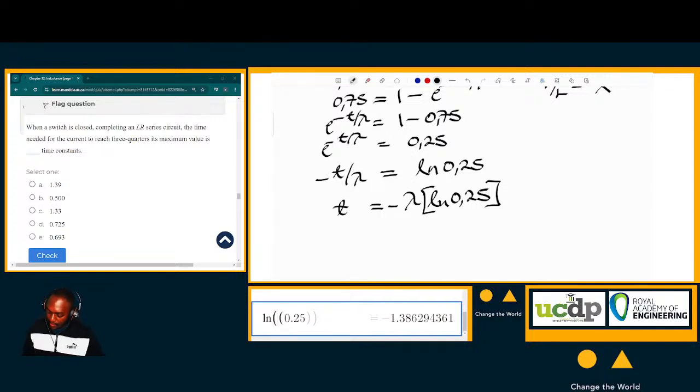We get a negative, and with that negative, our t becomes positive. So it becomes 1.39 time constants, which means we need 1.39 time constants for the current to reach 3/4 its maximum value.